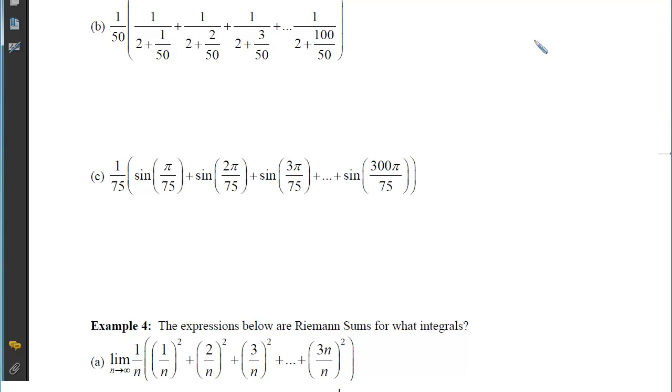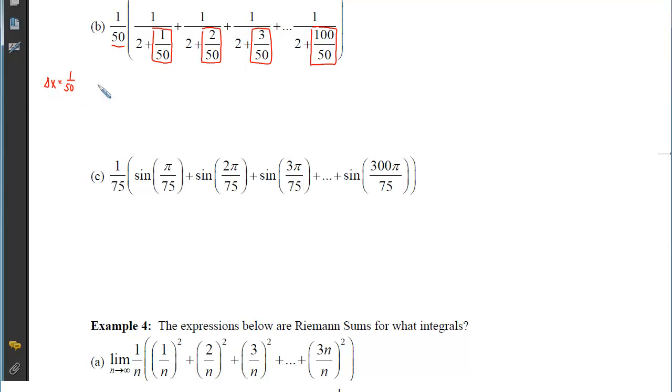Do it again. Here we can see that the delta x is that 1/50th out in front. So I'm going to look for inputs that are 1/50th away from each other. One way to do it is to choose the 1/50th, because if I add delta x, I get my next input. If I do that, I can see that my delta x is 1/50th.